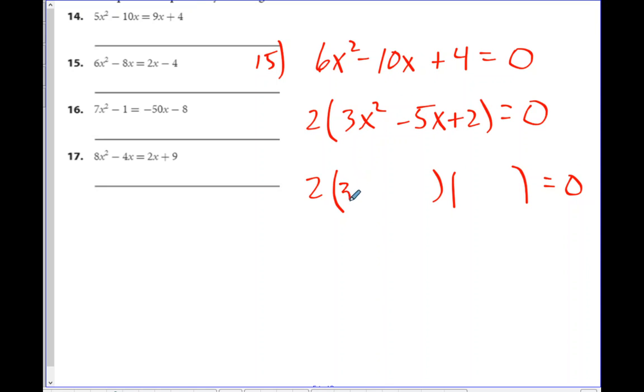Luckily, there's only one way to get 3x squared, so I know it's got to be 3x and x. And this looks like it could be pretty easy. The only way to get plus 2 with a negative in the middle is negative 2 times negative 1, right? Mm-hmm. So it's just a matter of either putting the minus 2 here or putting the minus 2 here.